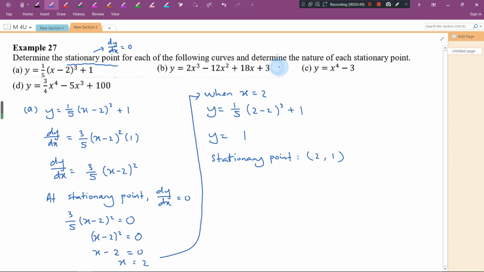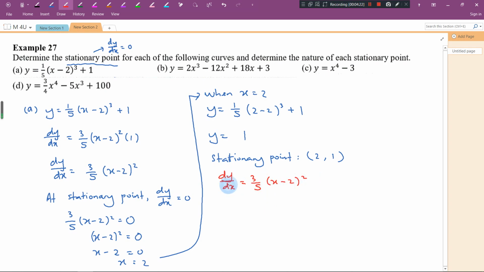Second part, we need to determine the nature of each stationary point that we found. We want to determine whether this stationary point is a maximum point, minimum point, or point of inflexion. You can use the first derivative test or the second derivative test. Here let me show you the second derivative test. dy/dx is equal to 3/5 (x - 2) squared.